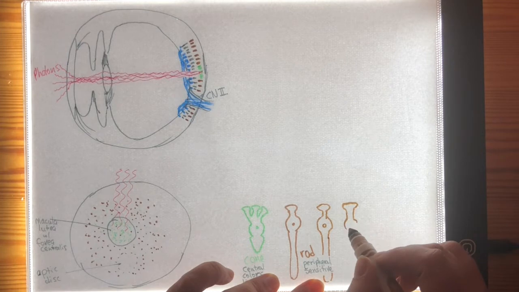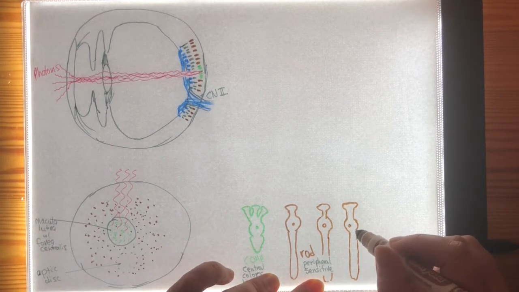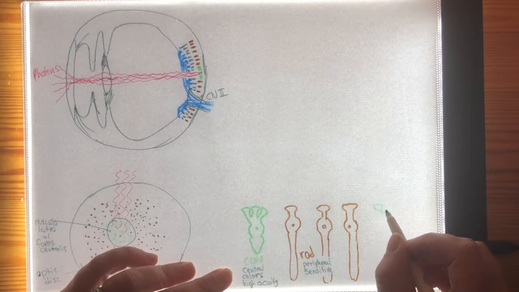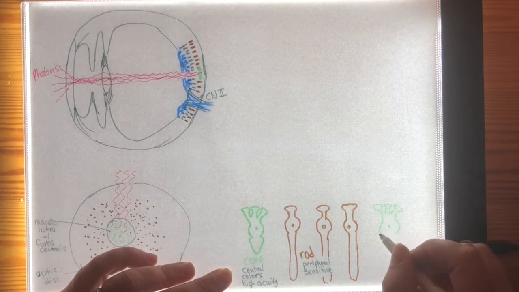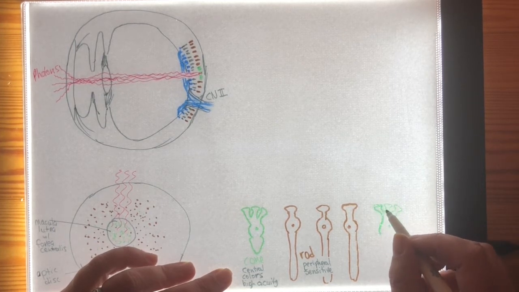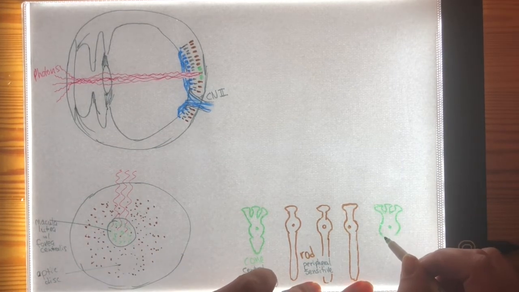So as you see, we drew 3 rods in a row, and then we're going to draw 1 more cone off to the side here. And then we're going to begin to build our next layer of cells, which are going to be the bipolar cells, which, as we labeled earlier, are going to be in black. One of the things to note is that each cone has its own bipolar cell.